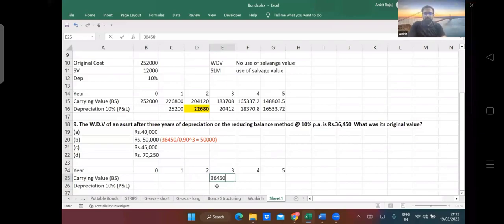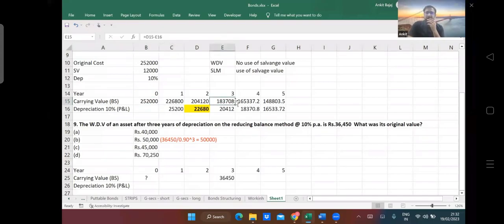The carrying value of the asset after 3 years is 36,450. Now, you have to find out the original value of the asset. Now, if I say that the carrying value of the asset is 1,83,708, and you have to find out the original value.